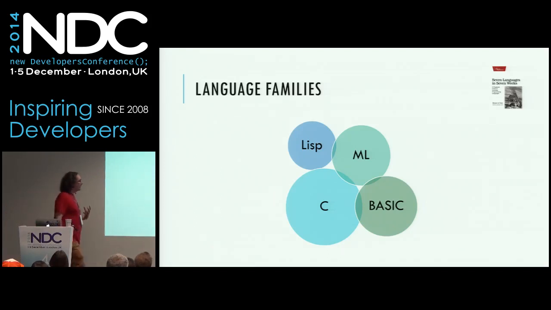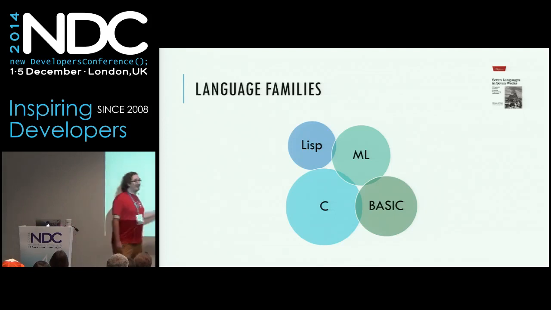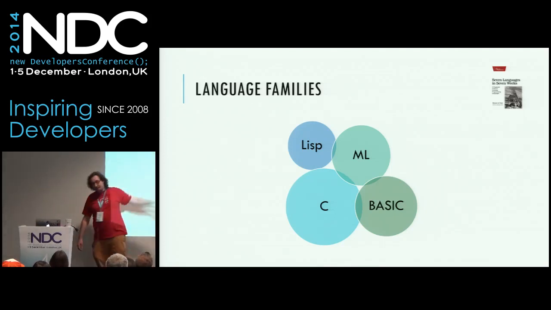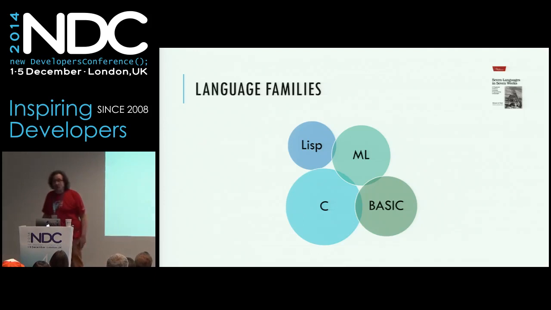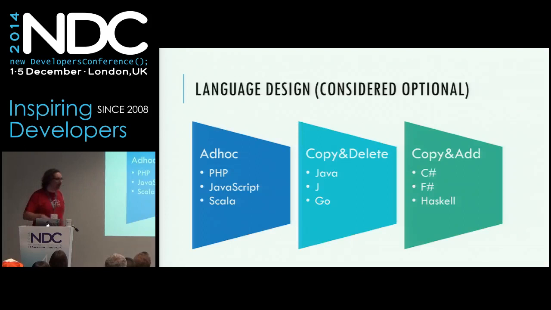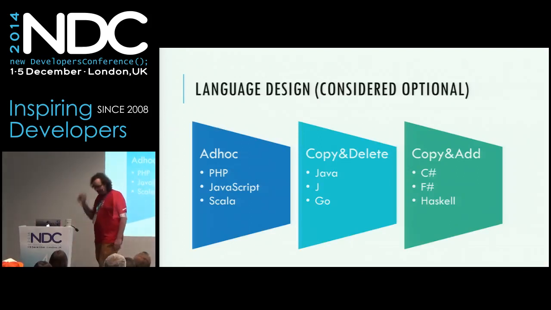And then the other side of it is the even older tree, the Lisp tree, over there, and there's still modern Lisp compilers in the form of Clojure. There's a little link to 7 Languages in 7 Weeks, which is a nice book. So we're not going to spend long on language design, because I believe it's considered optional these days.